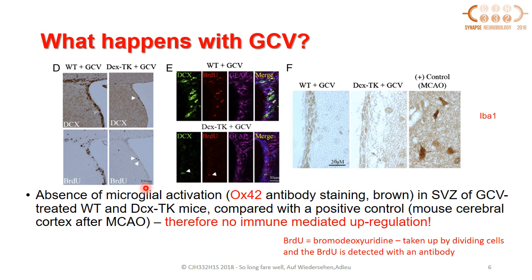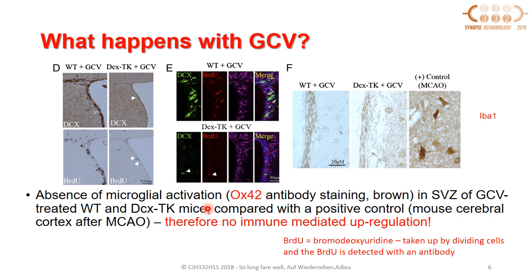One of the things that is always a concern in these types of studies, if you are killing so many cells, would you not expect to see a compensatory immune response? Should we not see more microglial cells or invasion of macrophages? And the middle panels that you are seeing here try to address whether or not this occurs. And again, just to make sure that we're not spending a large amount of time on this, the bottom line is that in the presence of ganciclovir and in the presence of selective lesioning of these different cell types, in fact, we don't see the activation of microglial cells.